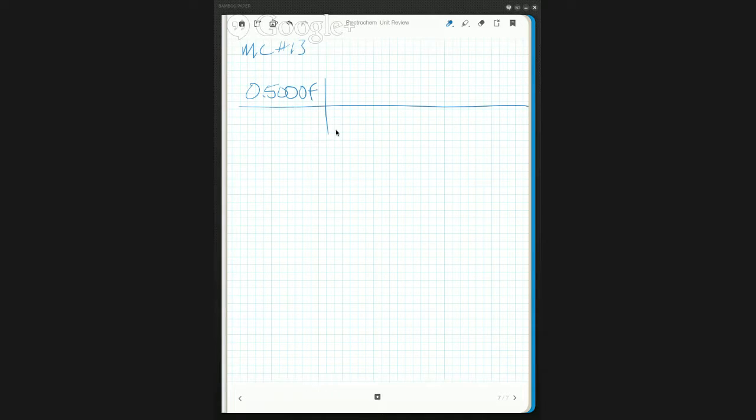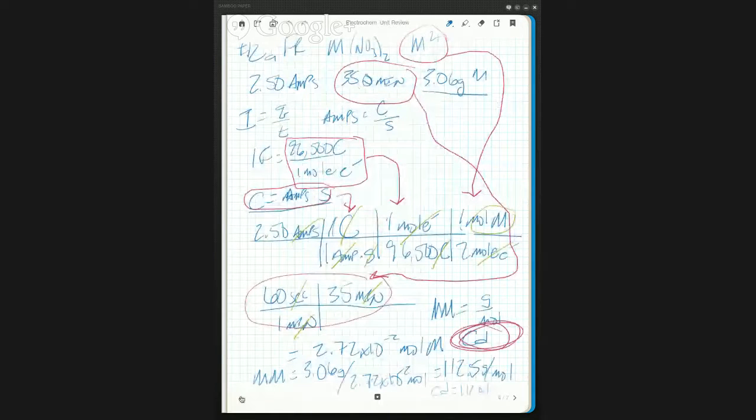If you remember, the Faraday is equal to 96,500 coulombs per mole of electrons. We're going to work our way up through this, because once we get to coulombs, since we're already at Faradays, we didn't start with amps. We went straight to coulombs.